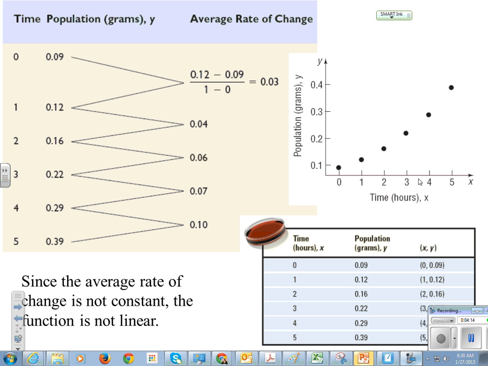From 1 to 2, the average rate of change is 0.04. From 2 to 3, it's 0.06. From 3 to 4, it's 0.07. So our rate of change is increasing. It is not constant, which makes it not linear.